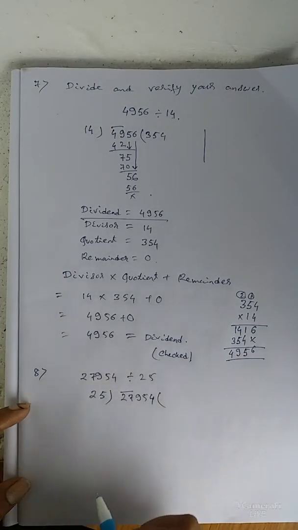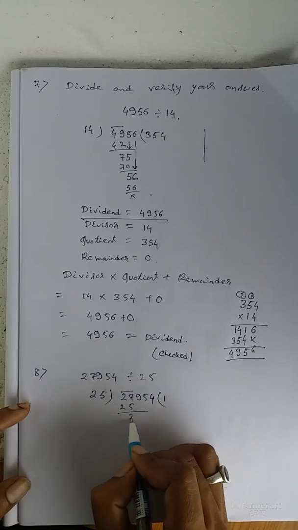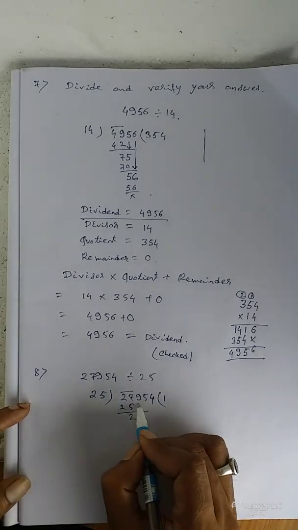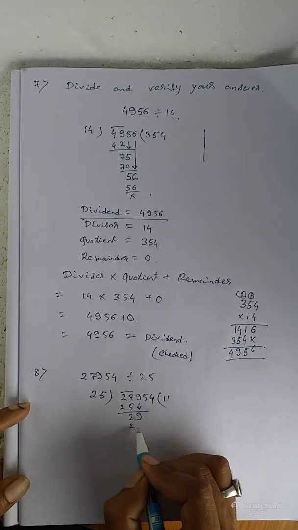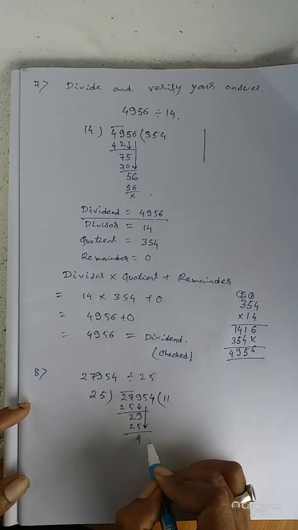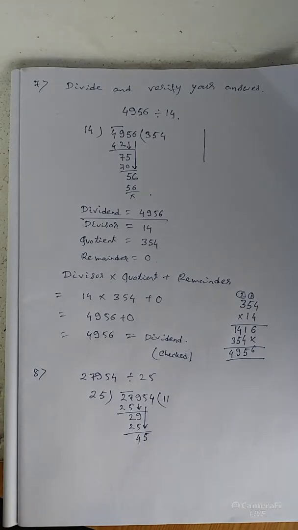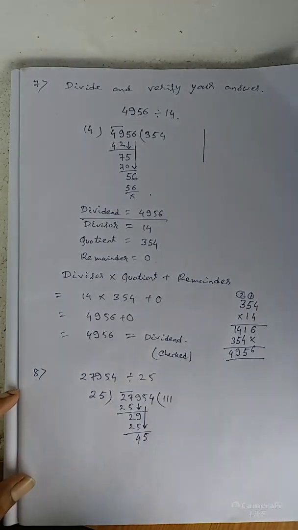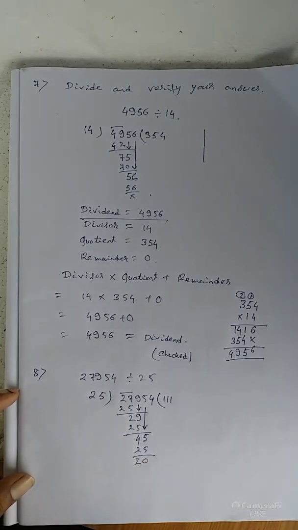First we will take the 2-digit, 25 1 is 25, subtracting we get 2, take the next digit 9, again 25 1 is 25, subtracting we get 4, take the next digit 5, 25 1 is 25, 25 2 is 50, we will take again 1, 25, subtracting we get 20.